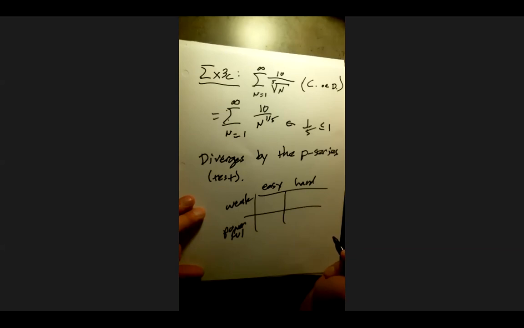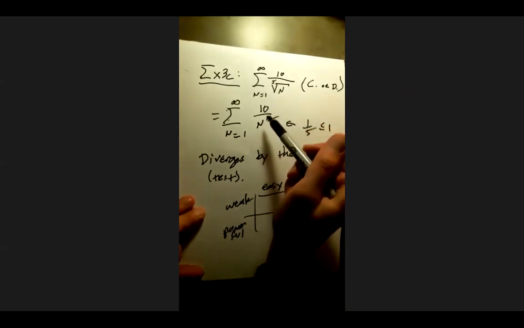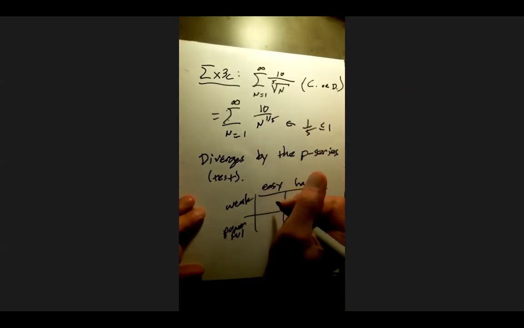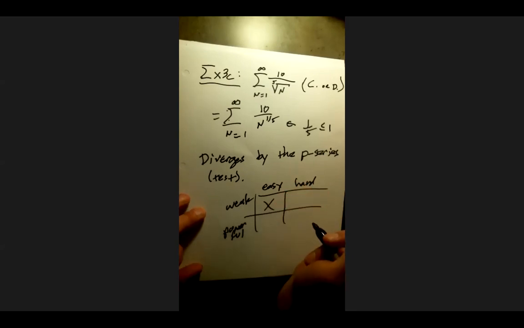Easy. Super easy. Weak or powerful? Super weak, because it only works on this very specific type of thing. It has to look exactly like this. And so it's very much falling in the weak, easy category.